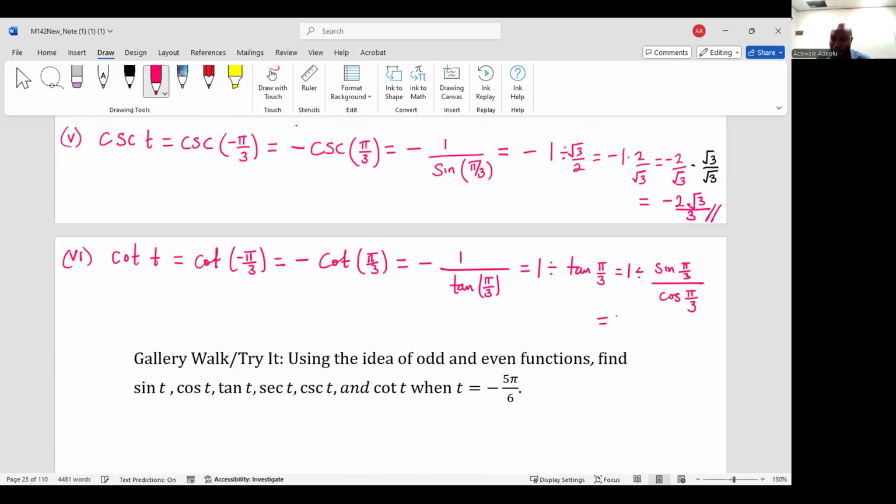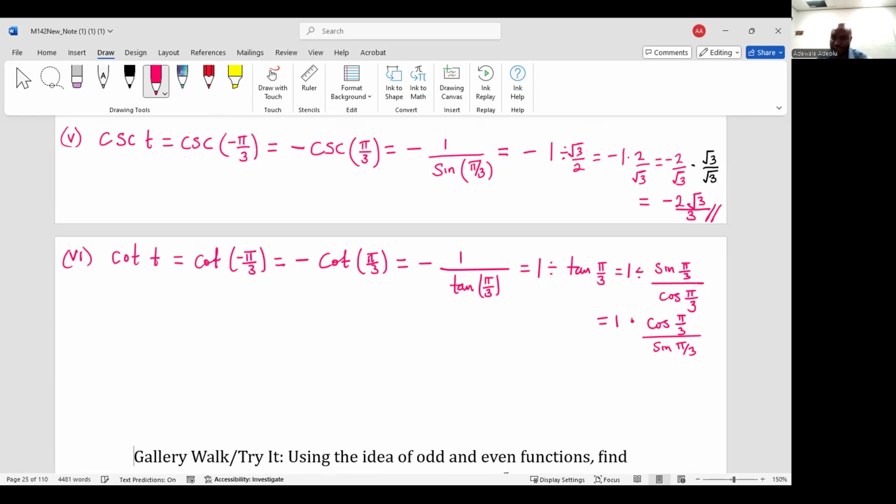So which is 1 times cosine of pi over 3 divided by sine of pi over 3. So that is cosine of pi over 3 divided by sine of pi over 3.